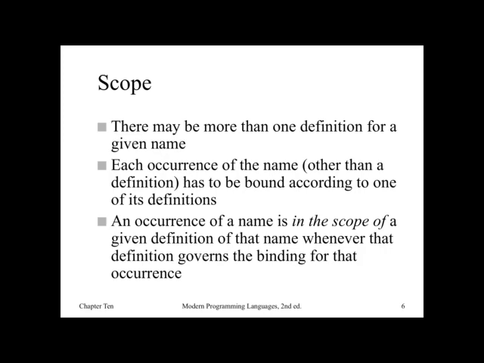An occurrence of a name is in the scope of a definition of that name whenever that definition governs the binding for that occurrence. It's a little bit of a dense statement, but here's what that's trying to say. When we talk about governing the binding, I'm at a birthday party and my brother Bob is there, I do have a brother named Bob, then if I just say, have you seen Bob, the party context governs that.